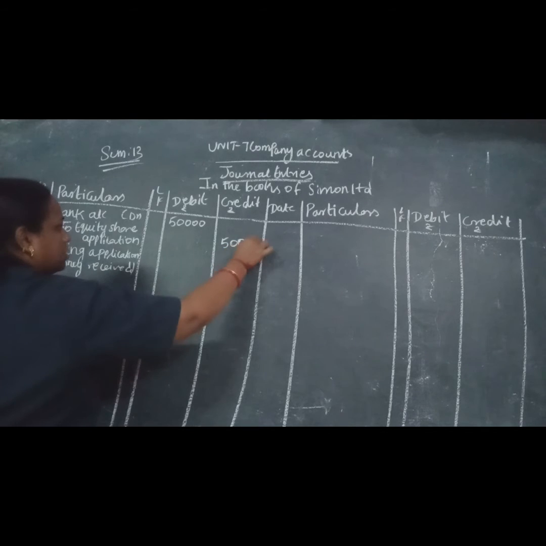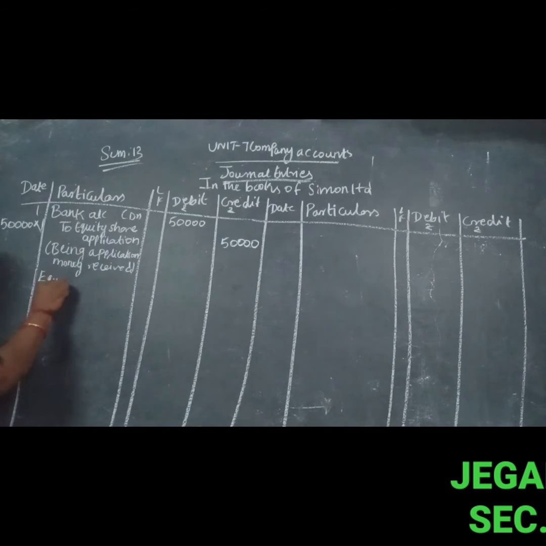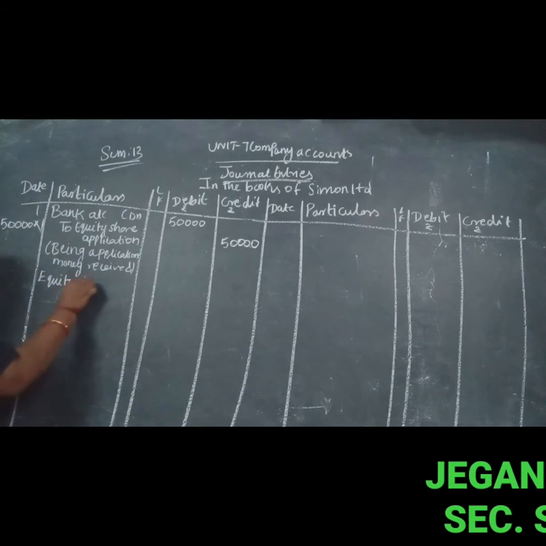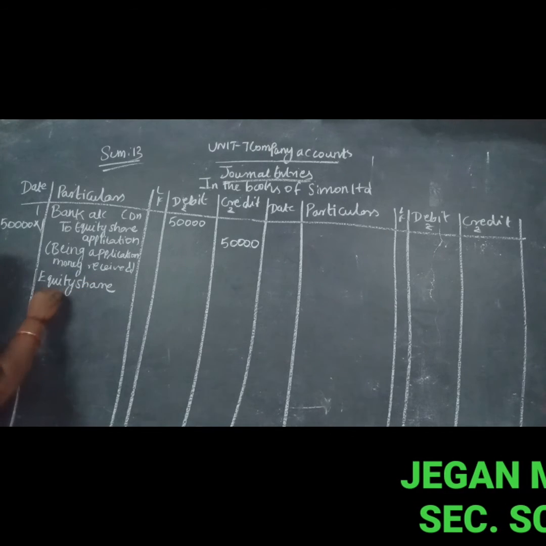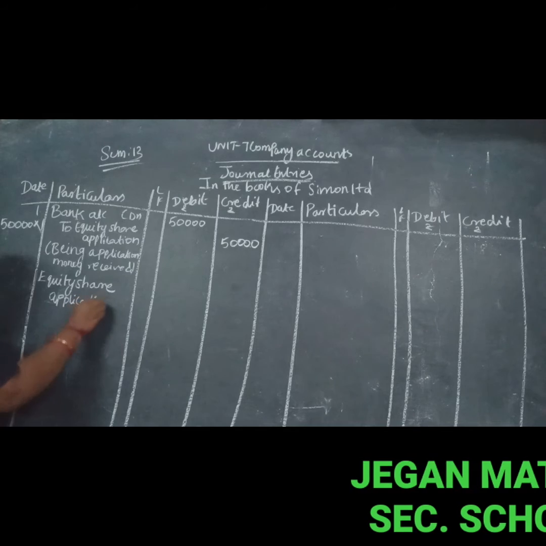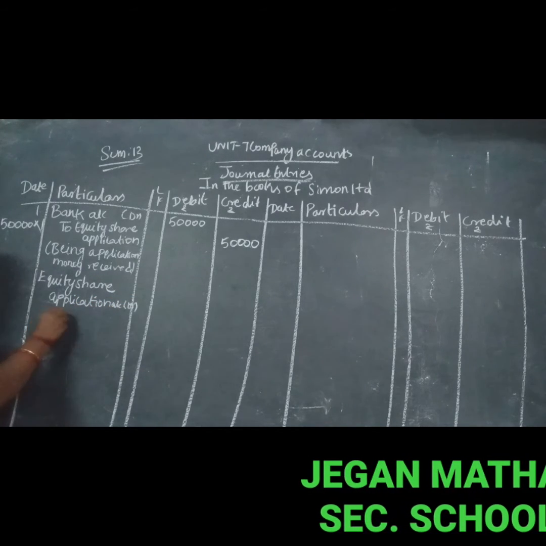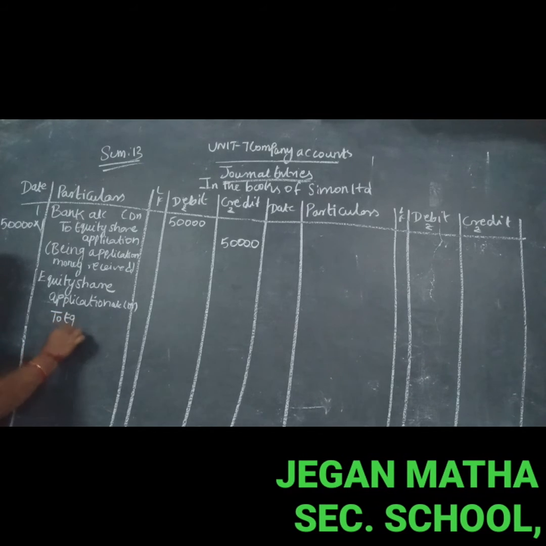Next, the application money is transferred to the share capital. So second entry: equity share application account debit to equity share capital.